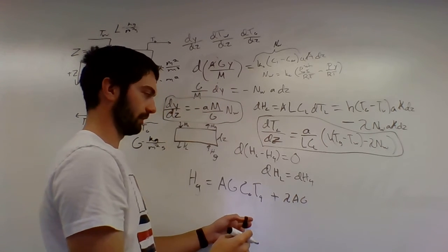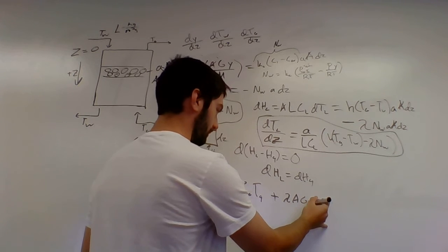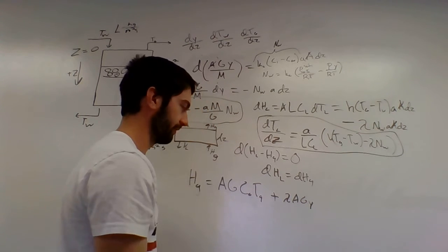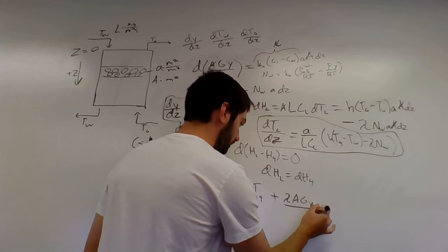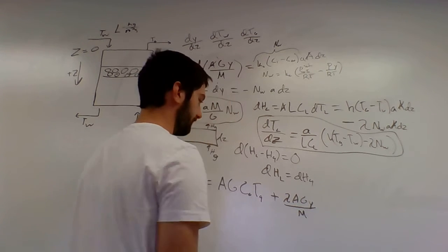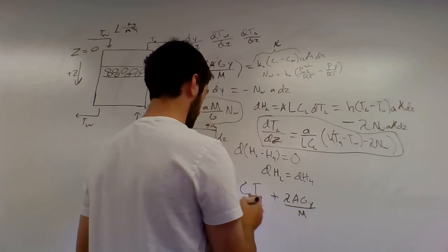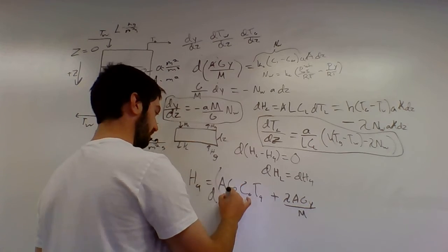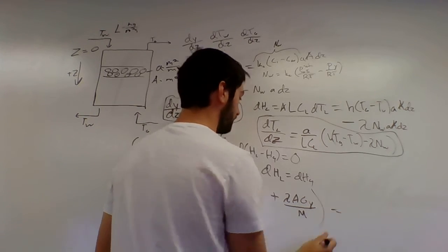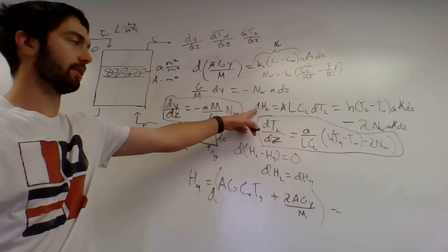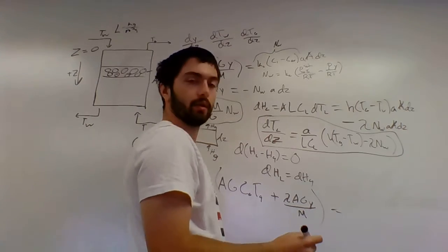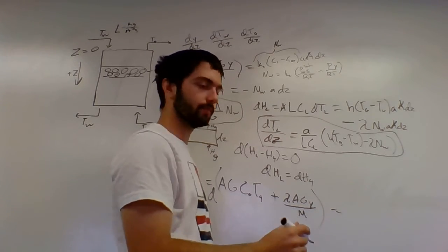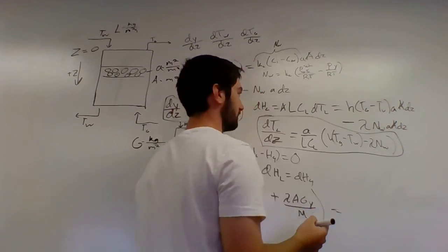And since we want the water in the gas flow rate, mole fraction of water over the molecular weight. And then, as I said, the differential of that is going to be equal to the differential of enthalpy of the liquid, which is this equation we have here.